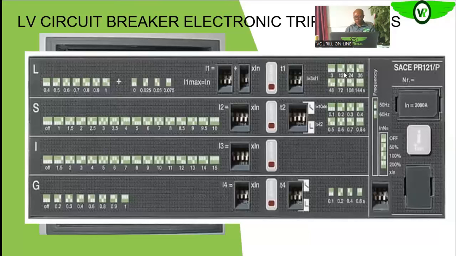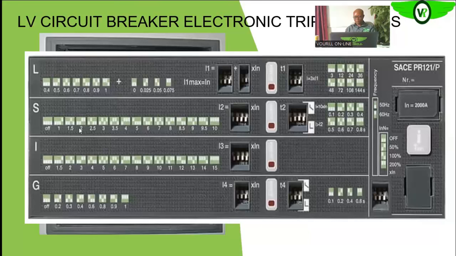For 12 seconds, the third one, which is this one, we need to switch up. That will delay it for 12 seconds. For 72 seconds, the first and the last one will be up, and the middle one will be left down. So that means we will allow the delay for 72 seconds.